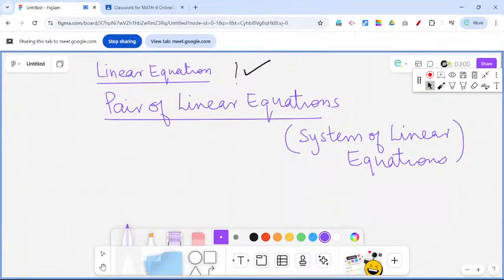Now this system of linear equations, we can solve by two methods. We learned that we can solve the pair of linear equations using the algebraic method.